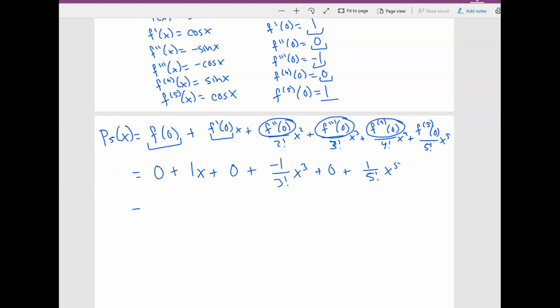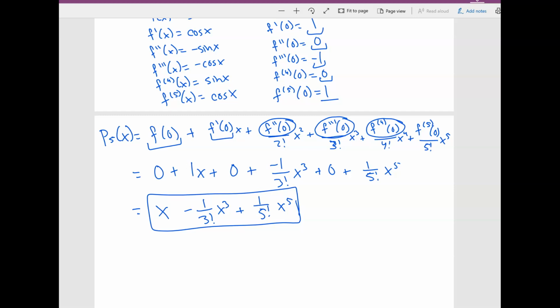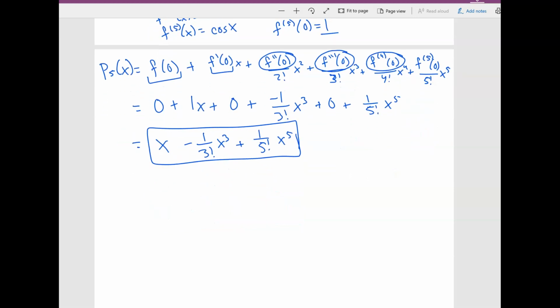So then when I plug this in, I'm going to get x minus 1 over 3 factorial x to the third plus 1 over 5 factorial x to the fifth. So here is going to be my fifth degree polynomial, because it's to the fifth power. If we want to estimate sine of 1.1, then instead of just using trigonometry, we can use this Taylor polynomial to tell us what it is, because this is a much easier function to plug into my calculator than the sine of it is.